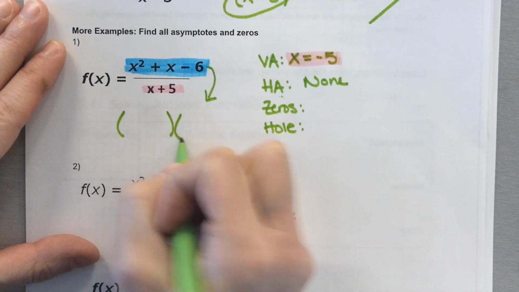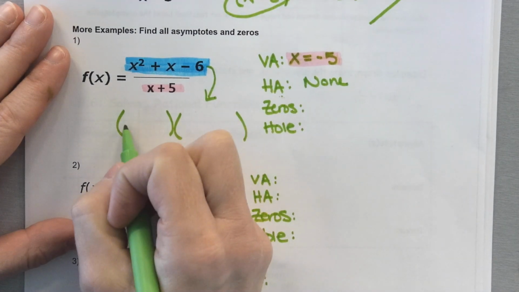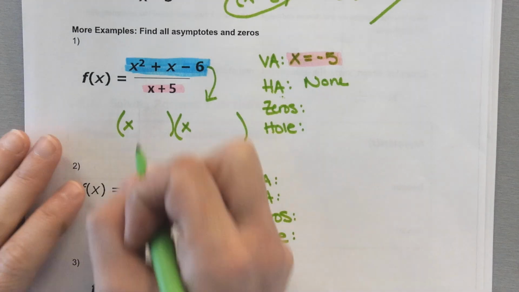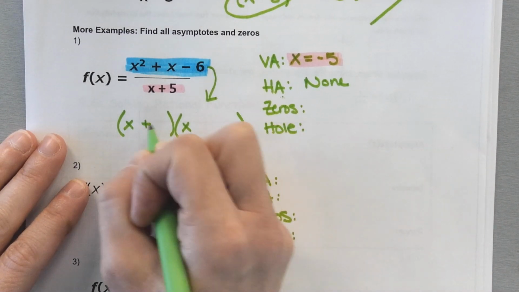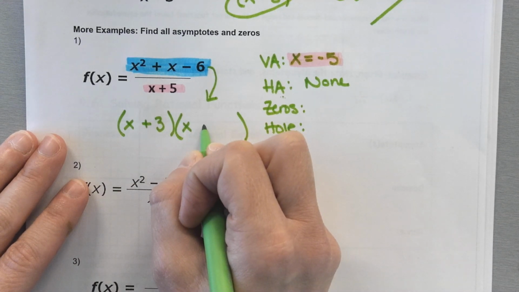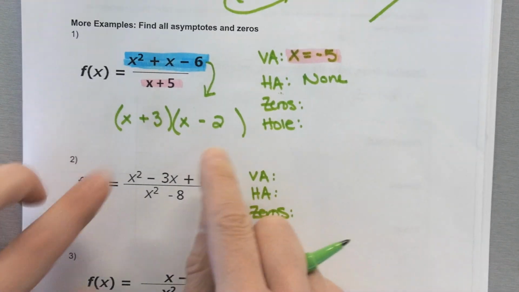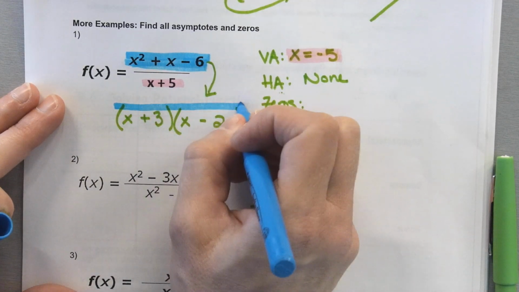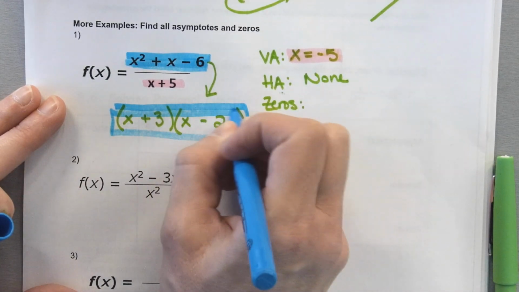No. Let's make 2 sets of parentheses and let's factor. X times x is x squared. What are my magic numbers that multiply to -6 but add or subtract to 1? 2 and 3. So I'm going to go +3. What am I going to do with the 2 though? -2, because 3 minus 2 is 1. 3 times -2 is -6. Okay, so I live here after I factored.